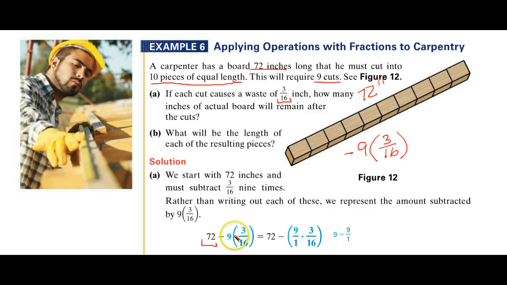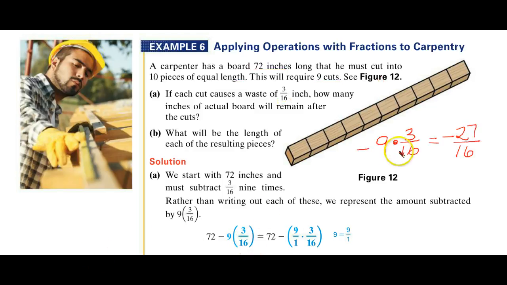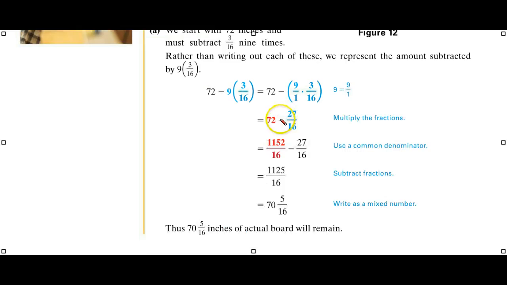So when you do this multiplication, they're modifying this to show the multiplication here. This will be a negative 9 times 3, a negative 27/16. So there's our negative 27/16.